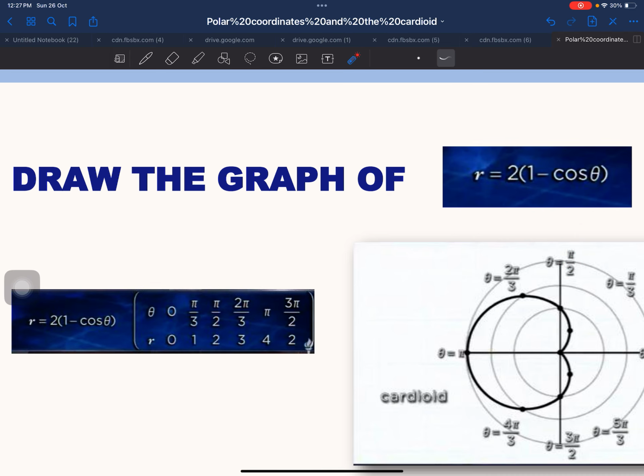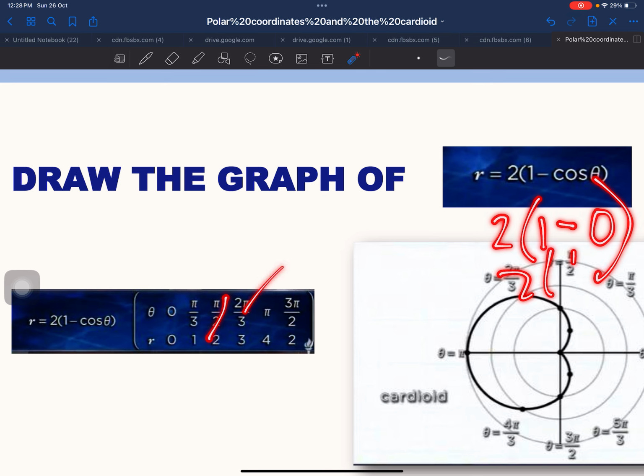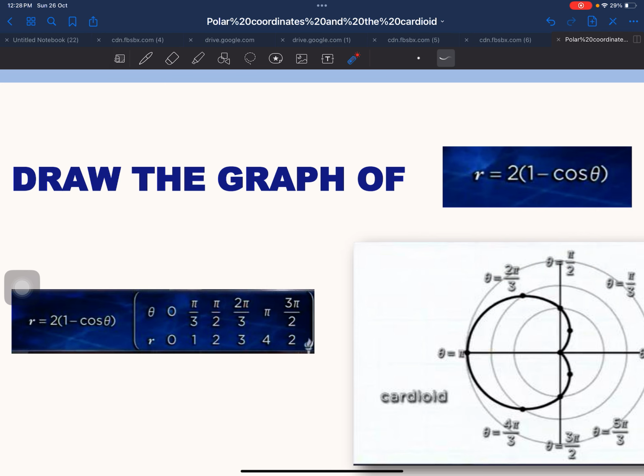When theta is pi over 2, 2 times the quantity 1 minus cosine of pi over 2 is 2 times 1, which is 2, and so on. So this is like doing our xy table of values, but this time with theta and r. So we completed the values for theta and r.